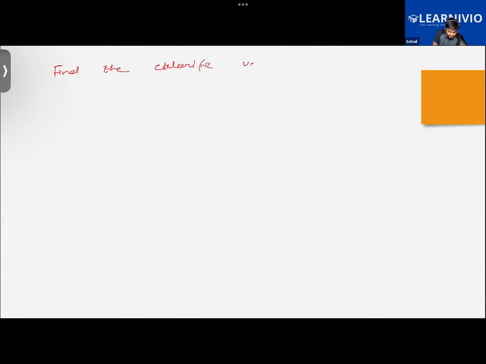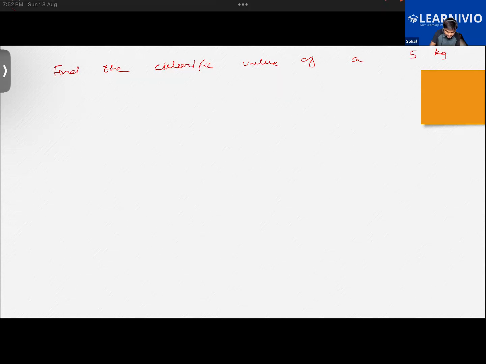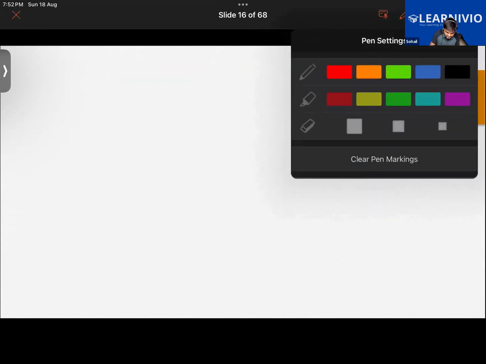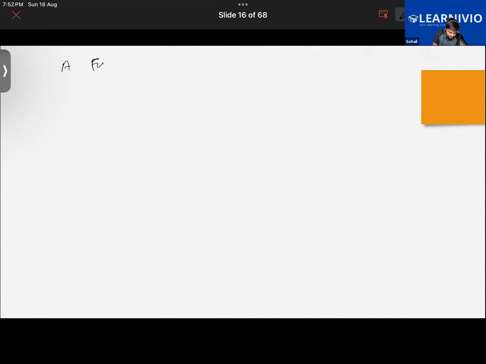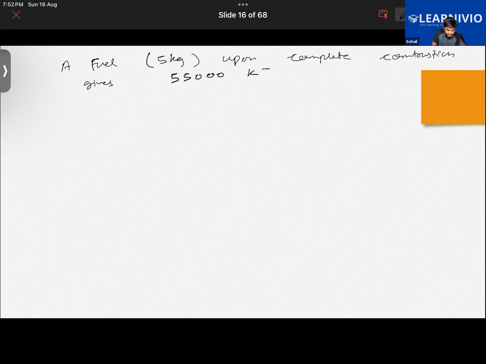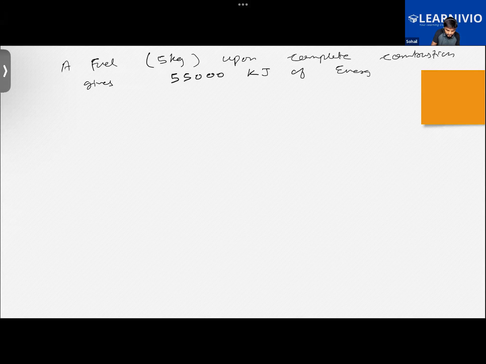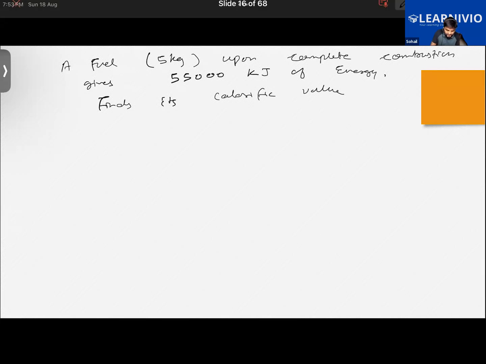Let us say that 5 kilogram of fuel upon complete combustion gives 55,000 kilojoule of energy. We have to find its calorific value. So calorific value is found in this manner.